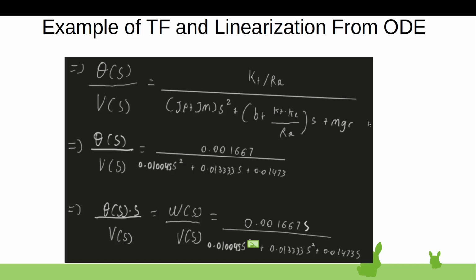In engineering lingo, transfer functions have orders. The order here would be 2, since the highest exponent here is s squared, and if it was s cubed, then it would be order 3.